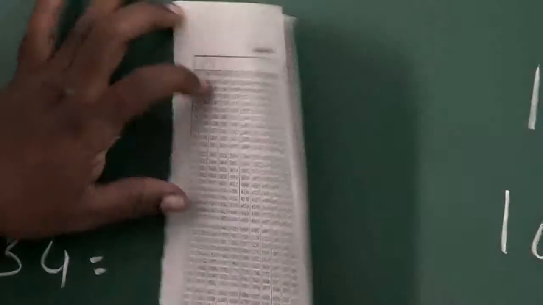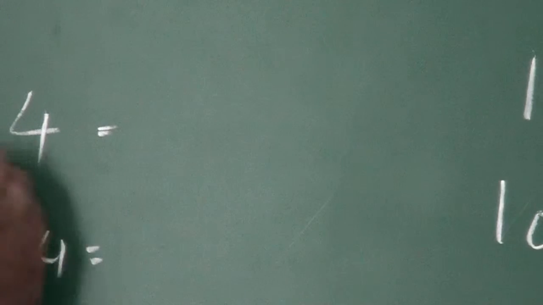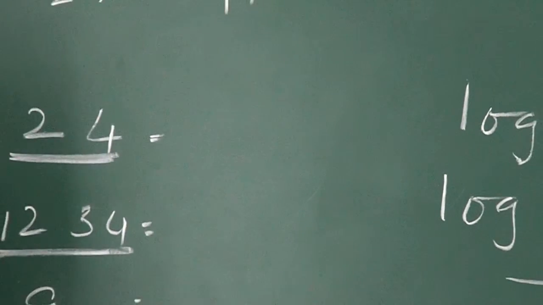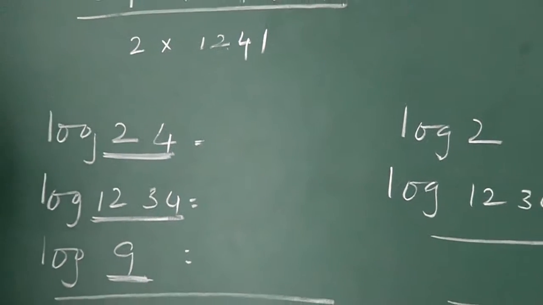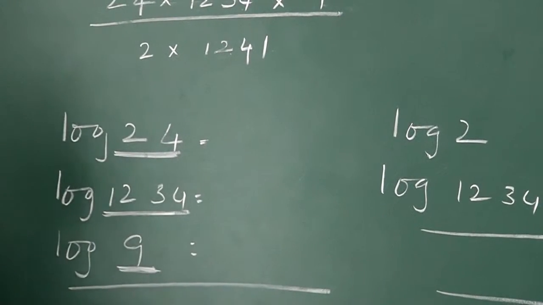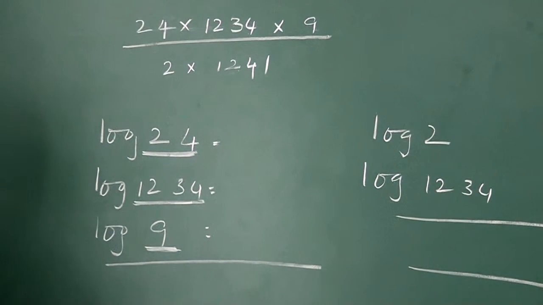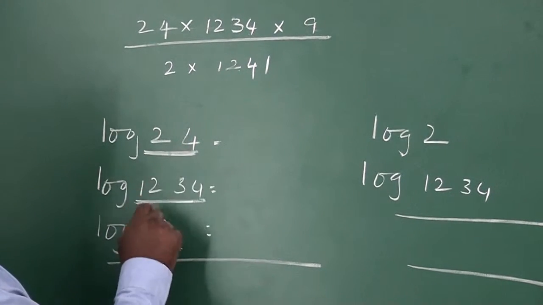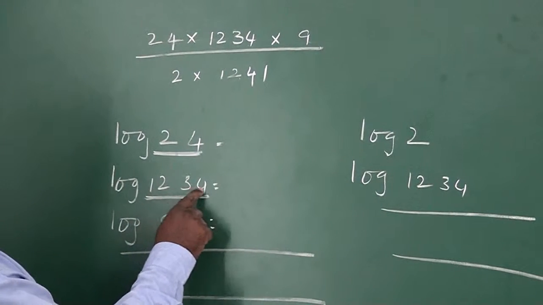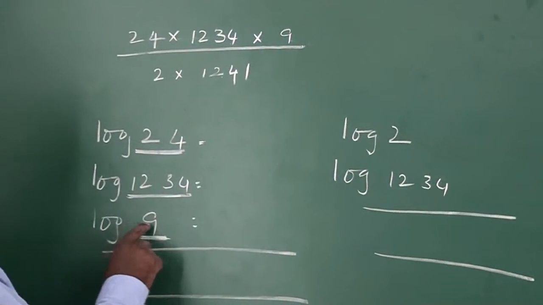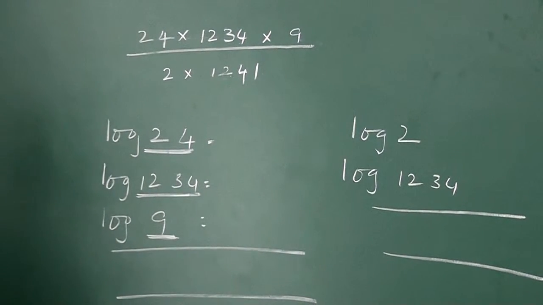Now, if you want to get the log values of these numbers, log 24 is a 2-digit number, because 2 digits are there, 1, 2, and log 1234 is a 4-digit number, and log 9 is a single digit number.